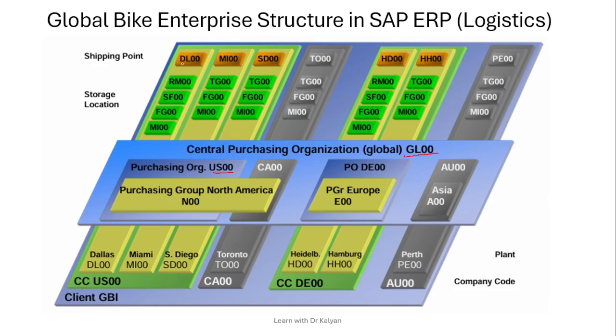There is a shipping point DL00 for the plant in Dallas, MI00 for the Miami plant, SD00 for the San Diego plant, TO00 for Canada's plant, HD00 for the Heidelberg plant, HH00 for the Hamburg plant, and PE00 for Perth.